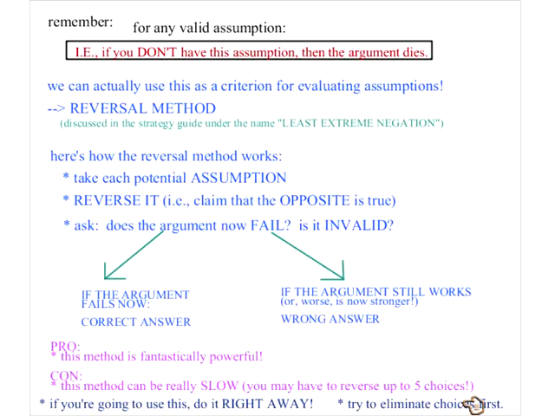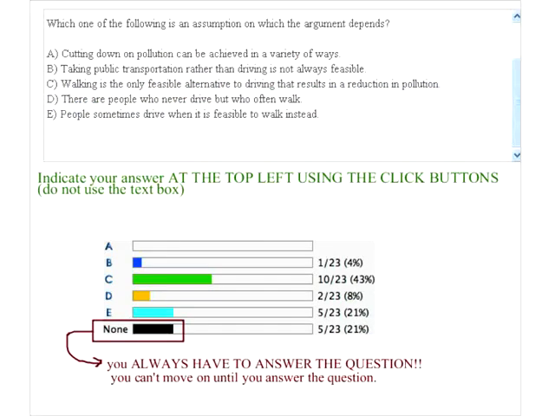And then when you have some contenders left over, try to use this reversal method. For instance, in this problem, nobody picked A, so you don't have to try the reversal method on A. You can look at A and tell that it doesn't help. So there you go. Try your hand at the following problem using all of these methods that you've got.